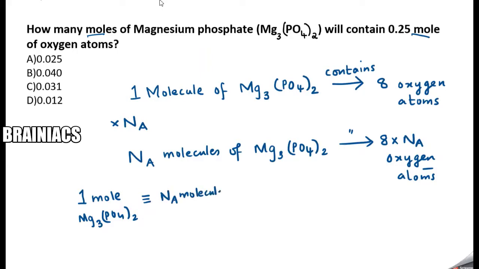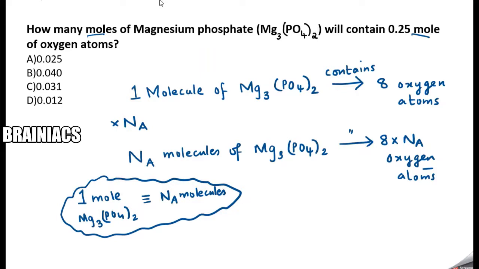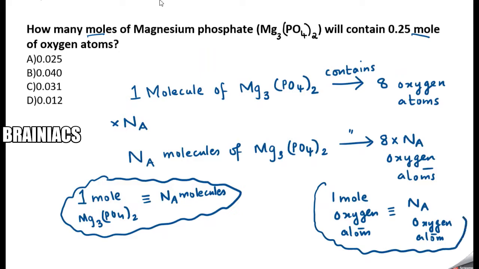This is my fundamental, so I will put it in bracket. Similarly, I know that one mole of oxygen atom has how many atoms? Avogadro number of oxygen atoms, correct? This is also fundamental, so this also I will put in bracket. This we have learned in the initial concept.